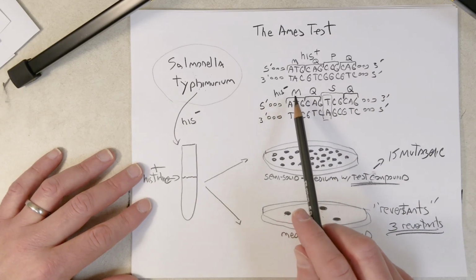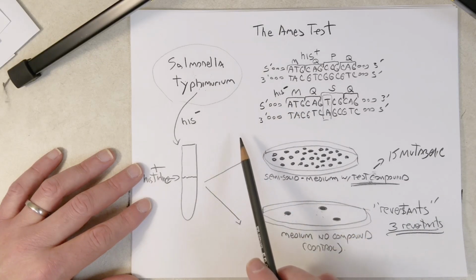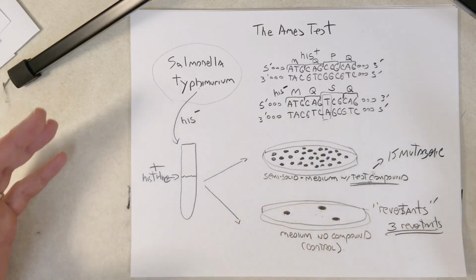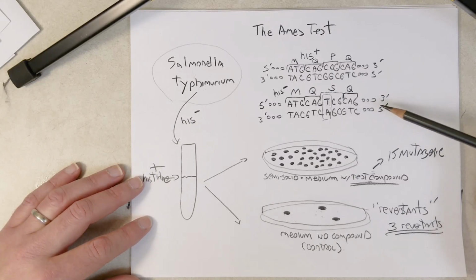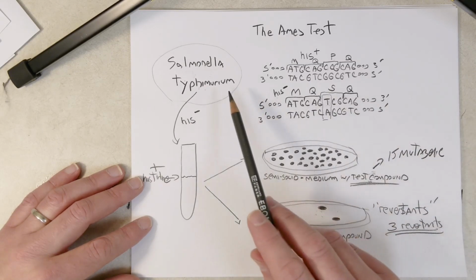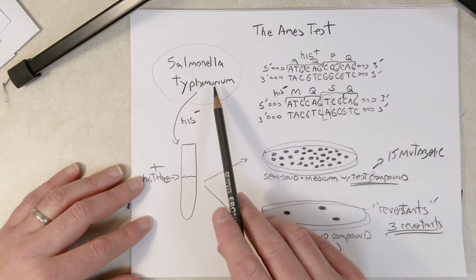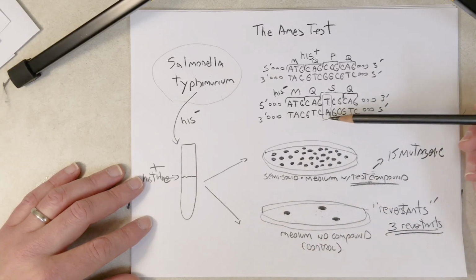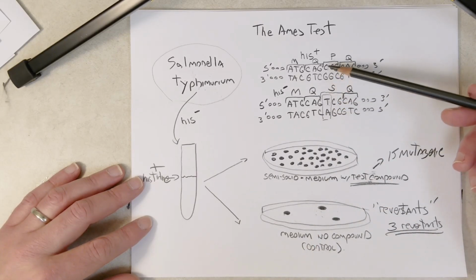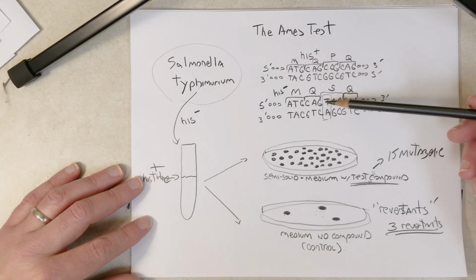But there can be different mutations, and we can check if a chemical is more likely to cause a point mutation or an insertion mutation or a deletion mutation by using different strains. So let's say this strain right here is good for point mutations. We're looking at the ability of the compound to change this T back to C and make that histidine allele functional. So we can also use a different strain.